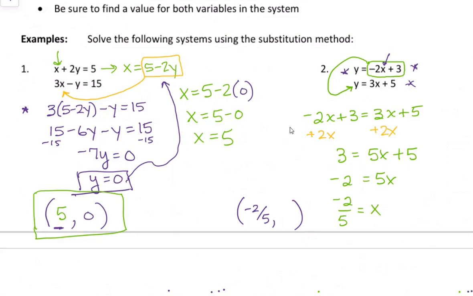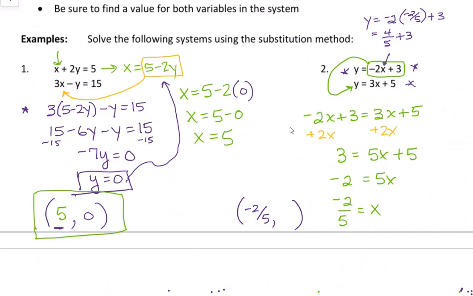So that's going to give me y equals negative 2 times negative 2/5 plus 3. And so I just need to do that arithmetic. So you can get on your calculator and do it if you want. If we do it by hand here, when I multiply negative 2 times negative 2/5, I get positive 4/5 plus 3.